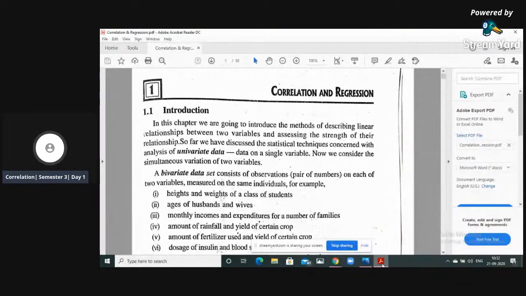And we have computed different measures on it, like mean, median, mode, or mean deviation about mean, skewness, variance, kurtosis. But now, in correlation and regression, our focus is on bivariate data. Since the name suggests bivariate, it consists of two variables.